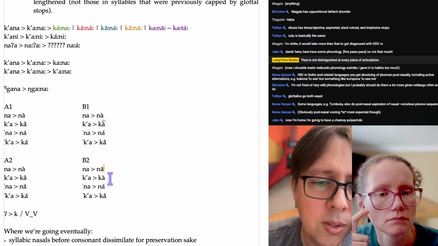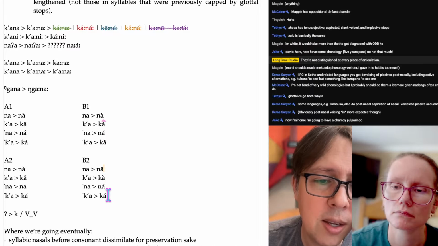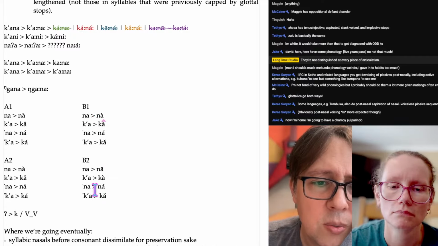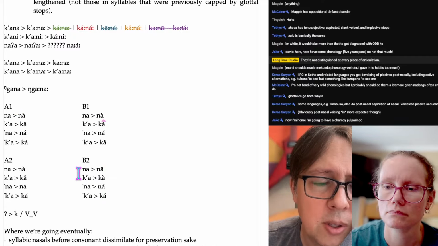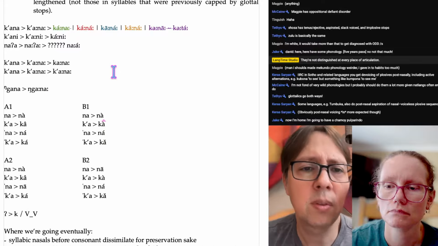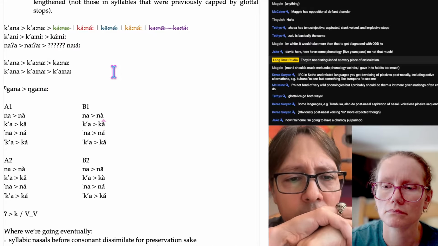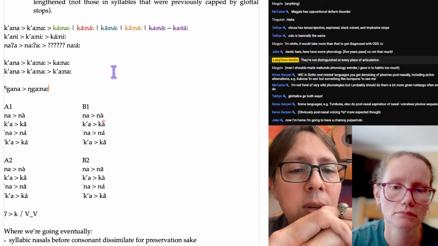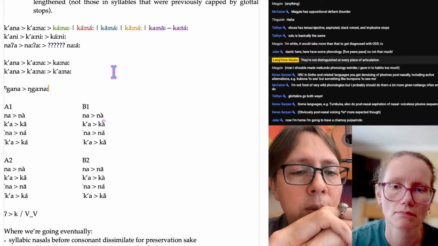Ga is the only one that's low. Na is high, and then ga is rising. And that gives you 4 different outcomes. The 2's give you 4 different outcomes. The 1's give you 3 different outcomes.